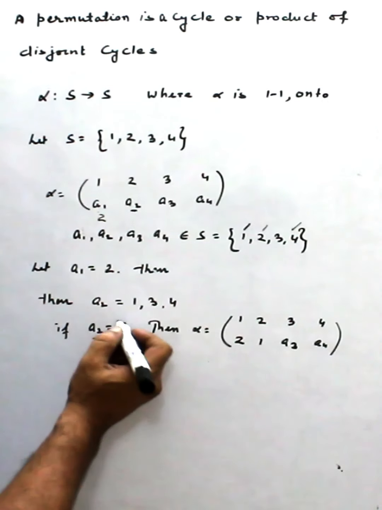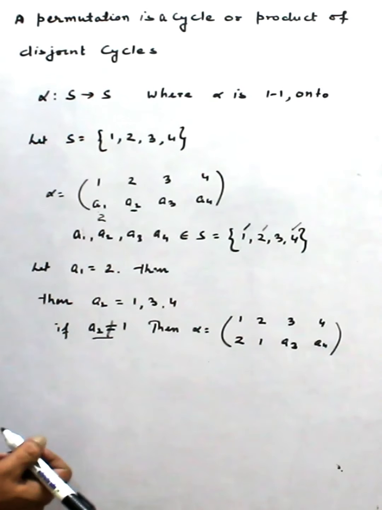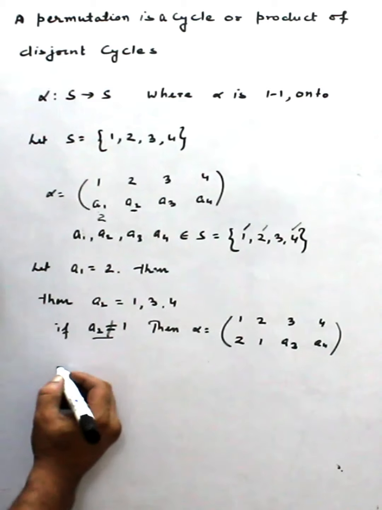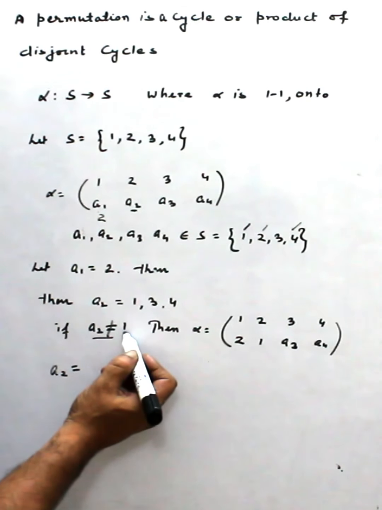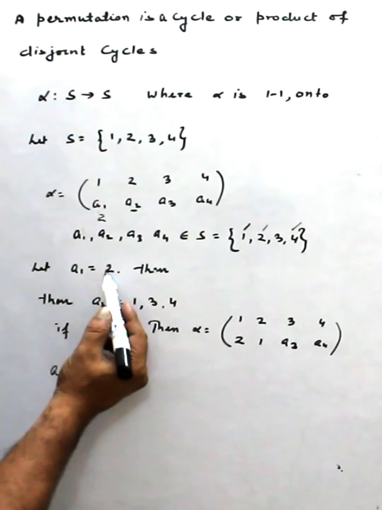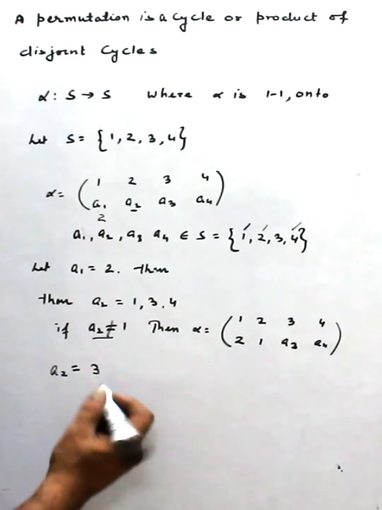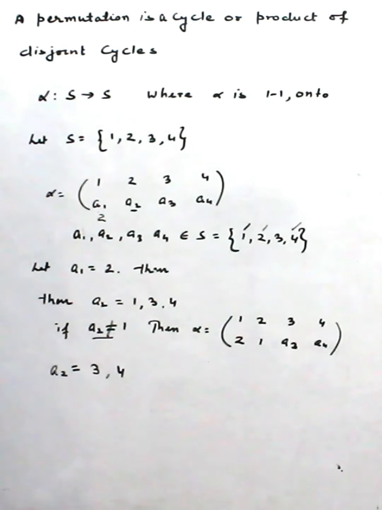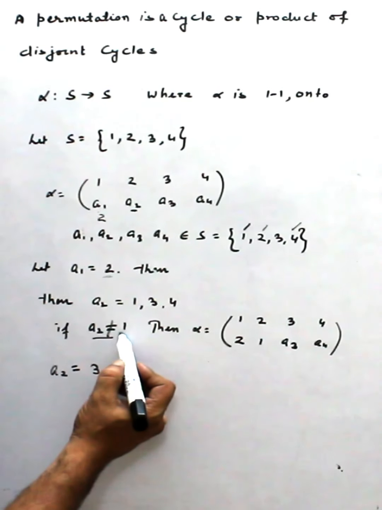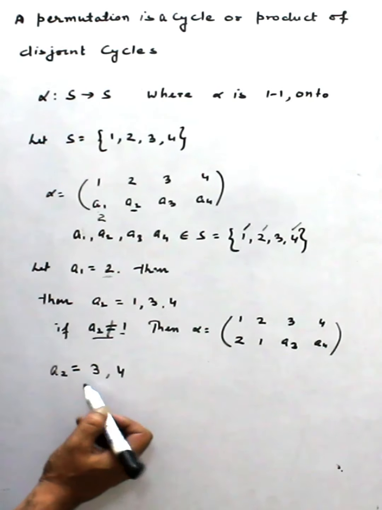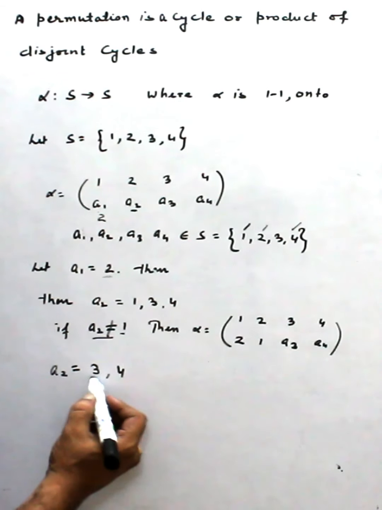If A2 is not 1, then what is the possibility for A2? If A2 is not 1 and 2 has already been selected, then A2 is equal to 3 or 4. Because A1 is 2, already fixed, and A2 is not 1, the possibilities left for A2 are 3 and 4.